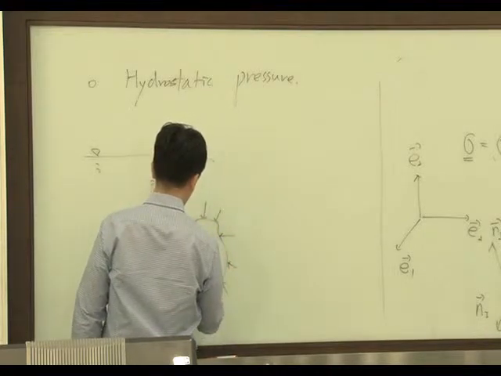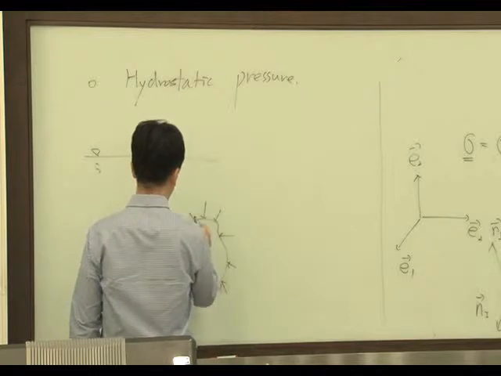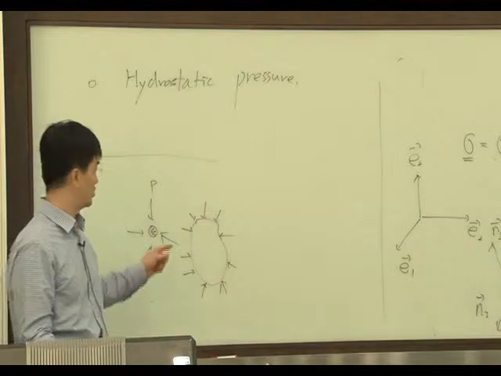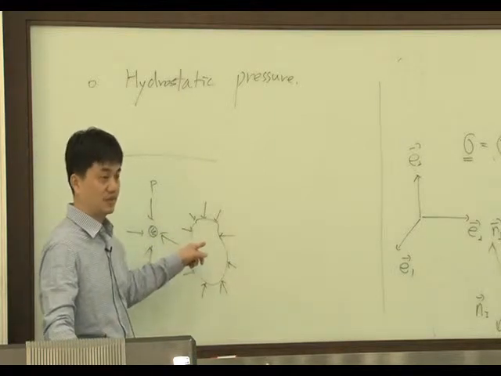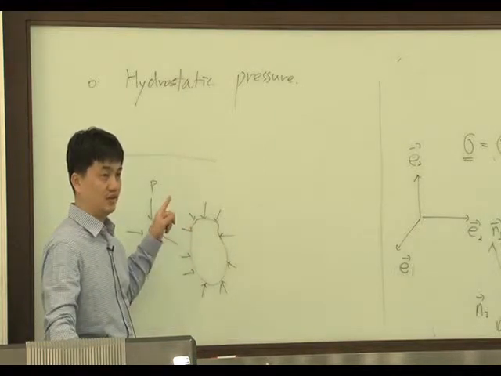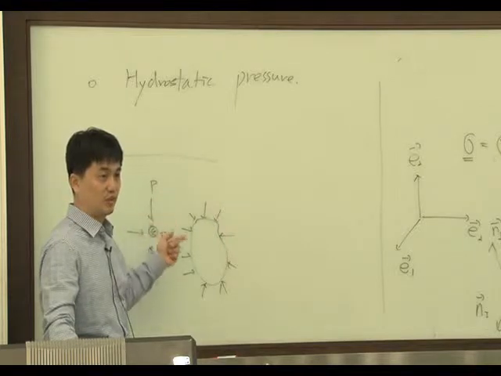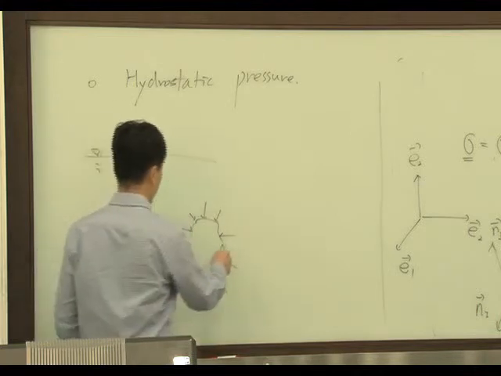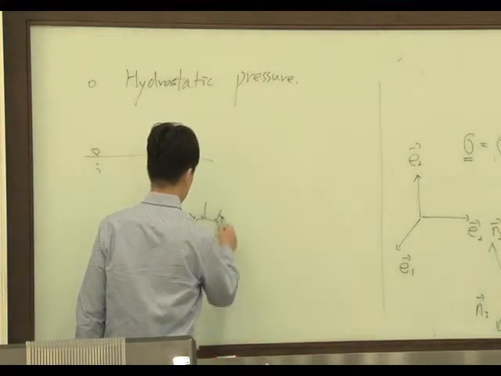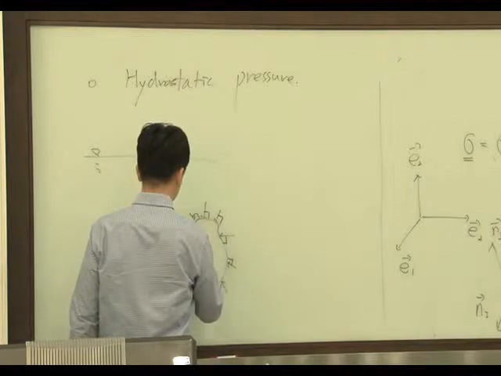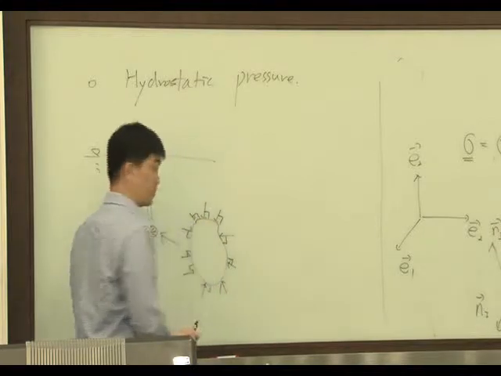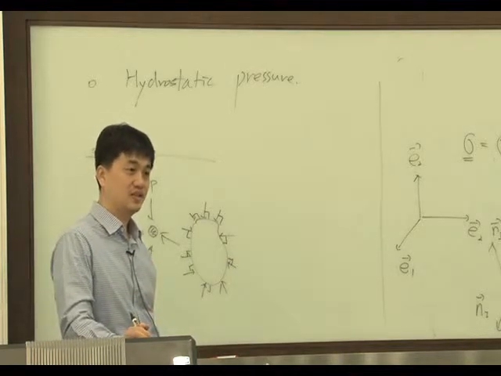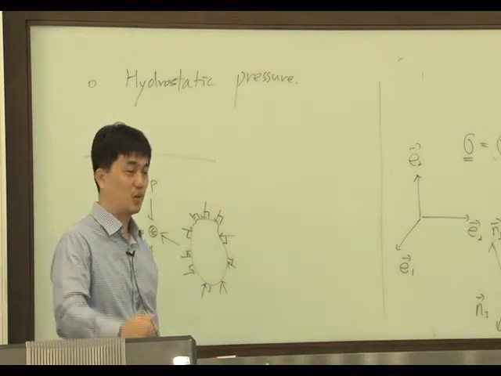What's the characteristic of a hydrostatic pressure? It's applied to the surface, and its direction is always normal, right? So hydrostatic pressure is applied in the normal direction. So hydrostatic pressure doesn't have any shear component. It's always normal.